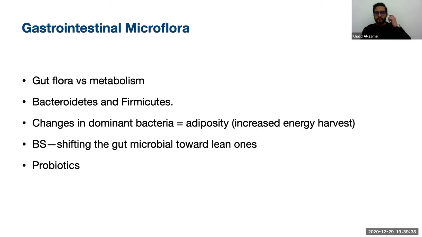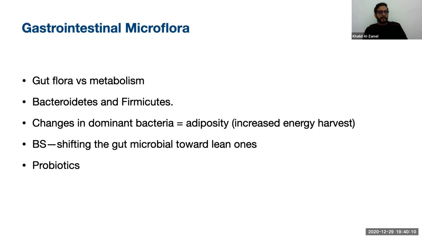The GI microflora. Here we reach the colon to see how many organs are involved in the effect of bariatric surgery, positively or negatively. So the gut flora participate in metabolism. The bacteroidetes and firmicutes are the main population of the colonic microbes.